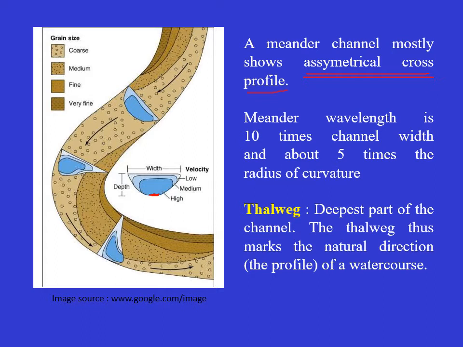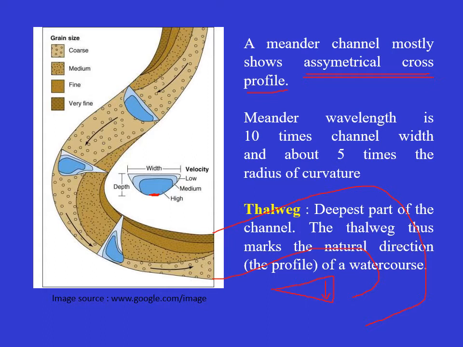In the opposite loop, if we reconstruct the channel further, when the sense of curvature is in clockwise direction, again the cross profile will be asymmetrical, but the maximum depth of the channel occurs in the right hand portion. So alternatively, the depth of the channel shifts its position.